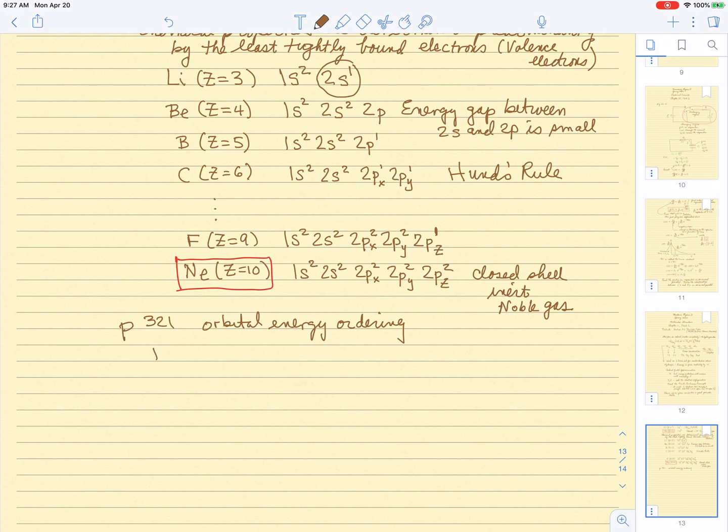And so we know that the 1s is less in energy than the 2s, less than the 2p, less than 3s, less than 3p. And the 3d and 4s are really close in energy, okay? We'll talk about that next. Less than 4p, less than 5s, less than 4d, less than 5p, and so on. We won't need orderings greater than that, at least not in this discussion.